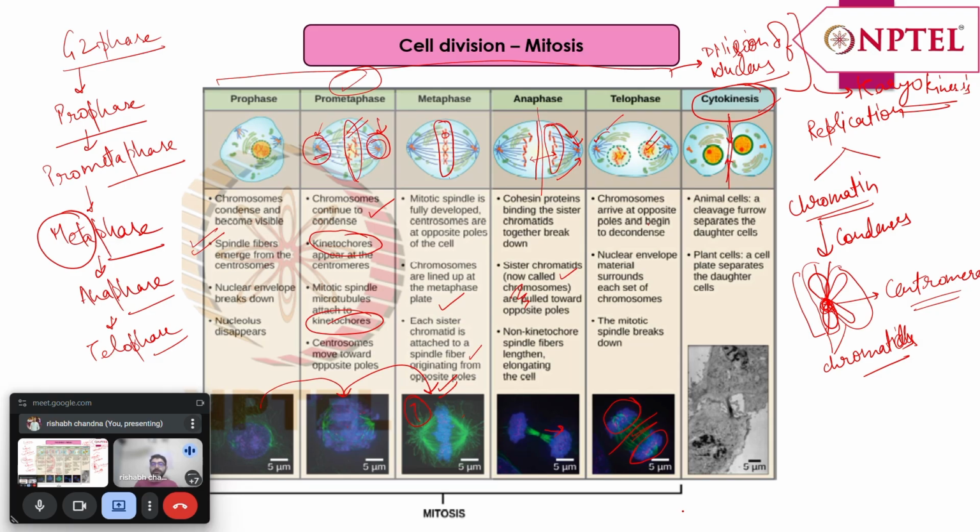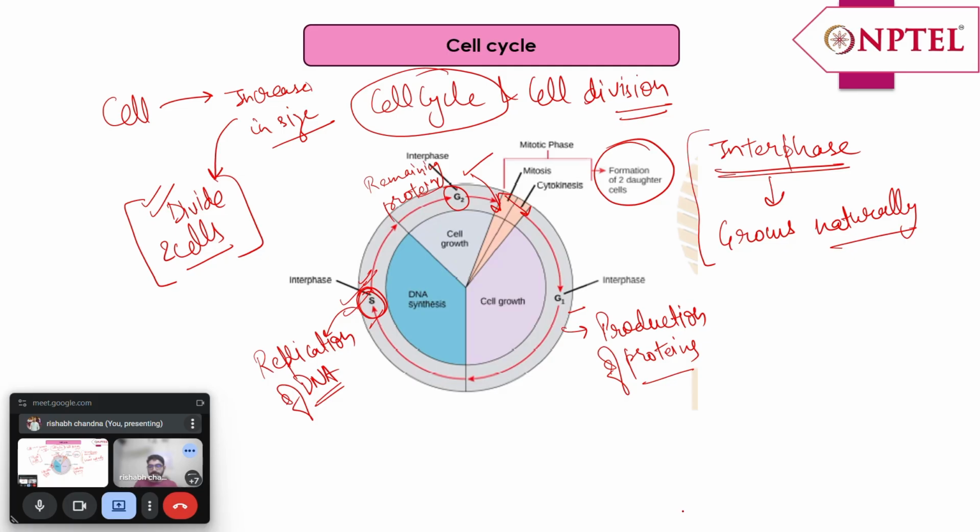So these are regulated by the proteins. And these proteins act in the cell cycle phases. Once a cell enters into mitosis, it has to complete the mitosis. There is no doubt.